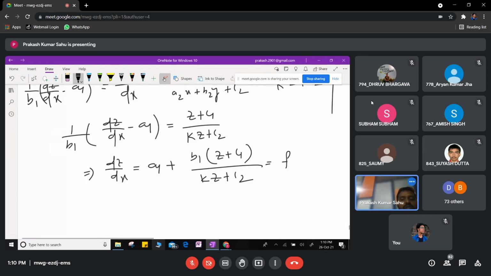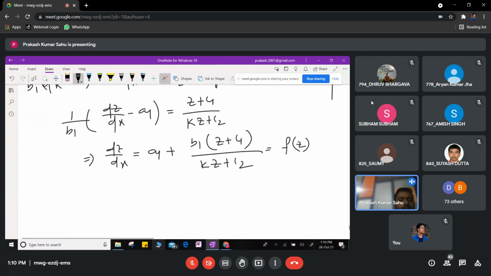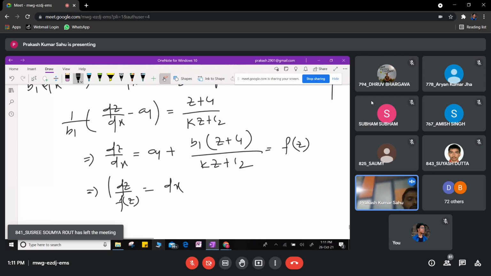You will get a function of z and nothing else, because a1, b1, c1, c2 are constants. So you can write dz by f(z) is equal to dx. Now you can integrate both sides. Understood or not?